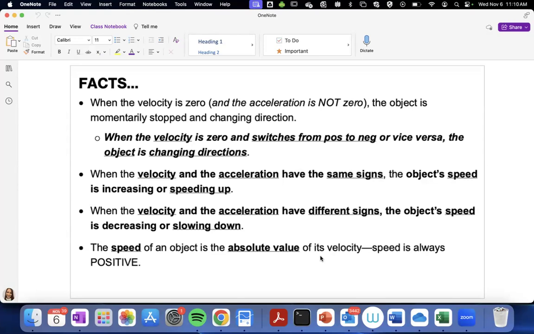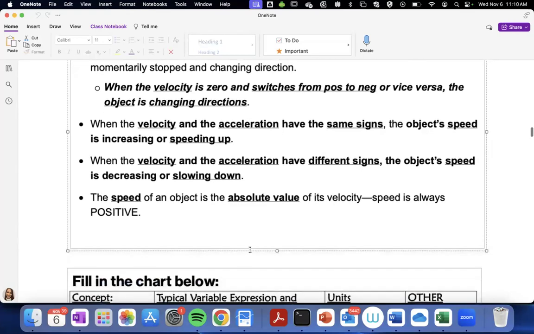When the velocity and acceleration have the same signs, the object is speeding up. If they have different signs, it's slowing down. So really, acceleration doesn't tell us too much, except when it's paired with velocity. It tells us the object is speeding up or slowing down. That's really all I'm going to ask of you there.